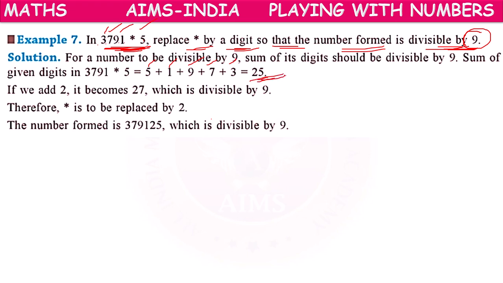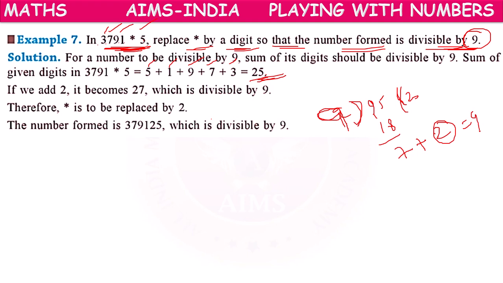But 25 is not divisible by 9, because 9 twos are 18 and we get 7 remaining. Means what number should we add to make it divisible by 9? For 7, if we add 2, then we get 9, which is divisible by 9.